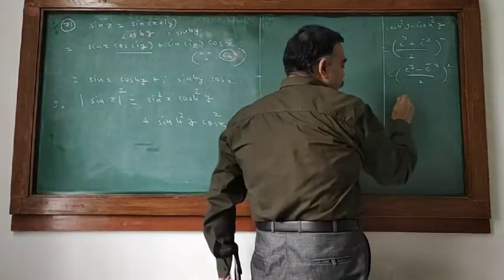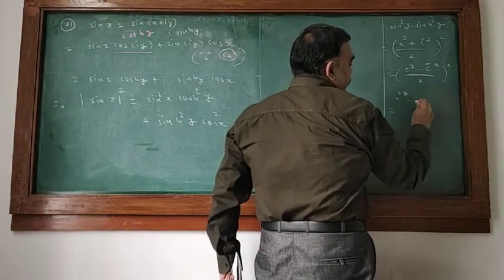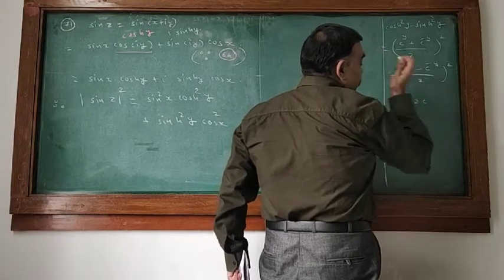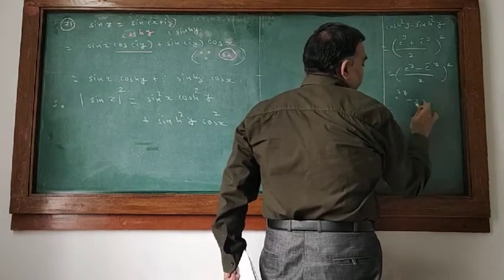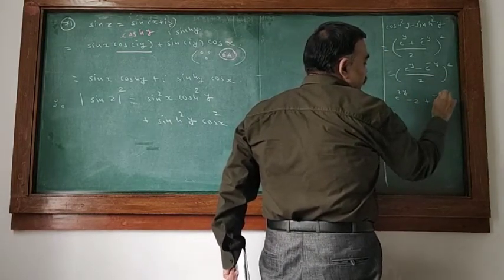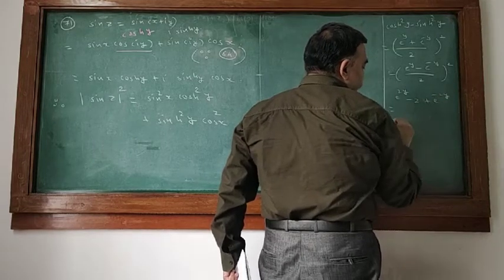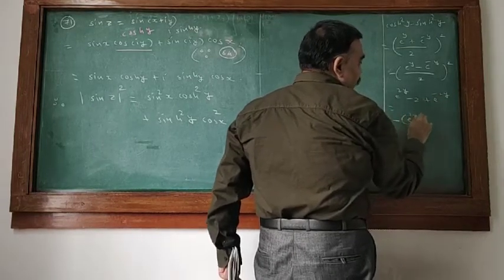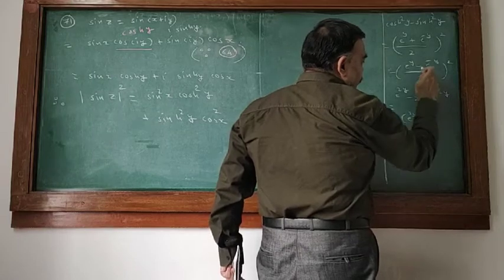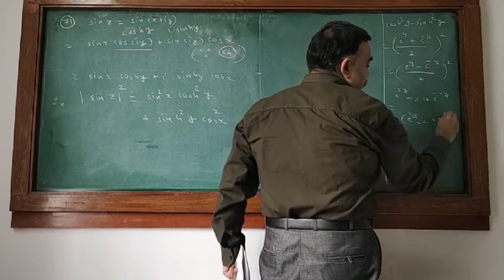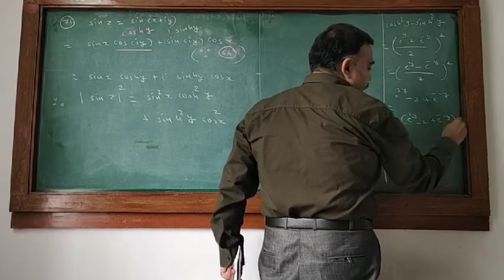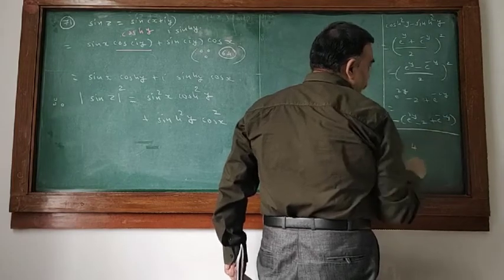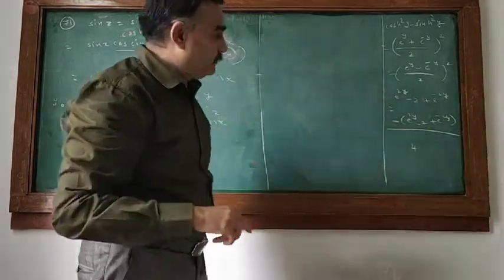This is e raised to 2y plus 2 plus e raised to minus 2y minus e raised to 2y plus 2 minus e raised to minus 2y, and all of them have the same denominator 4.